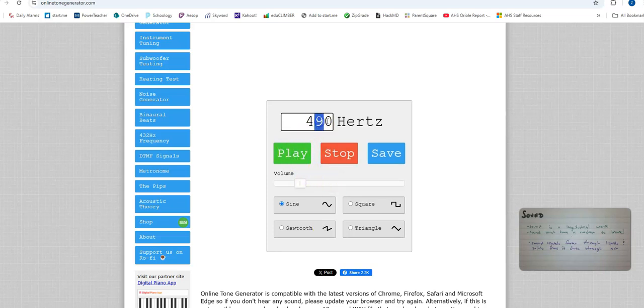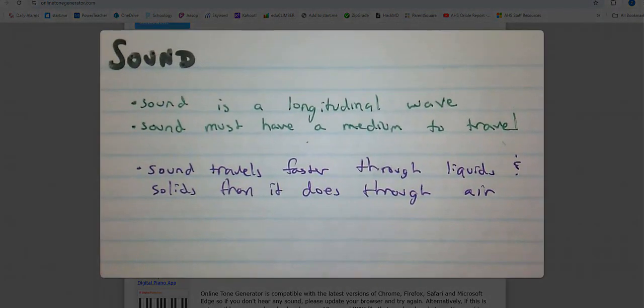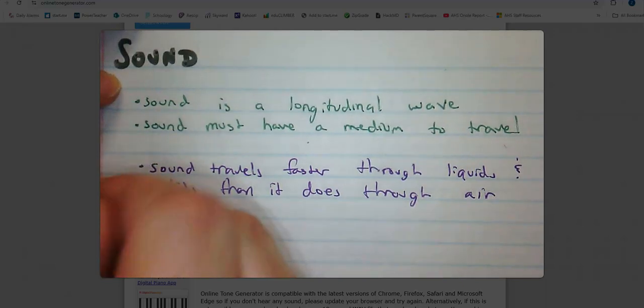And you saw this too when you were playing with the dial on the speaker when we did the stations. So here's the next thing that I want you to write down about sound, is that the pitch of the sound is determined by the frequency.